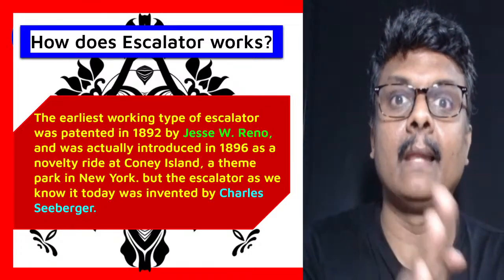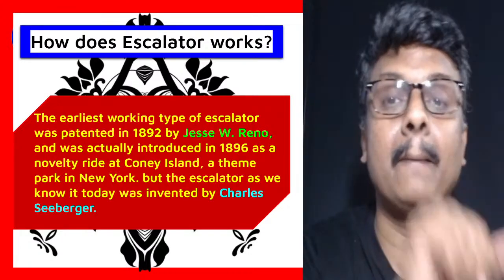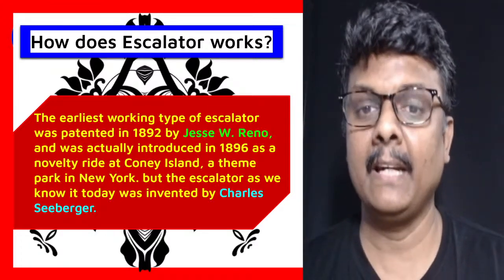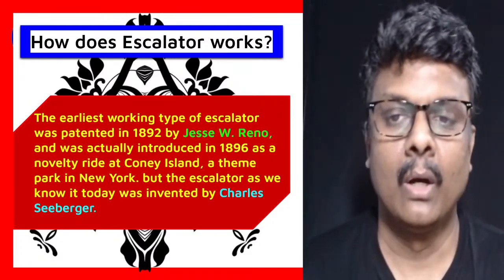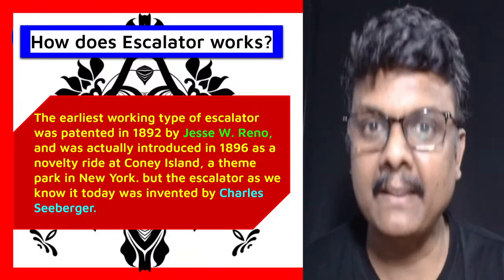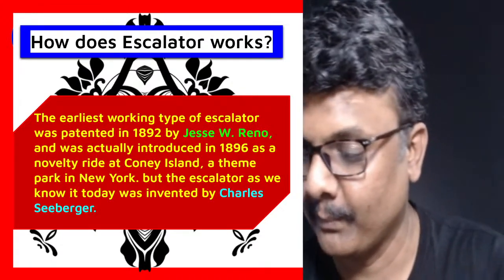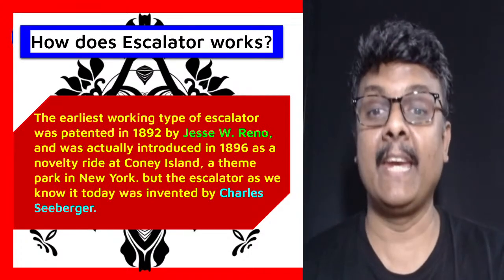It was invented a little earlier itself. But the escalator was patented by Jesse Reno. So whenever someone asks who invented escalator, you will have to say that escalator was invented or patented by Jesse W. Reno in the year 1892. Cool?